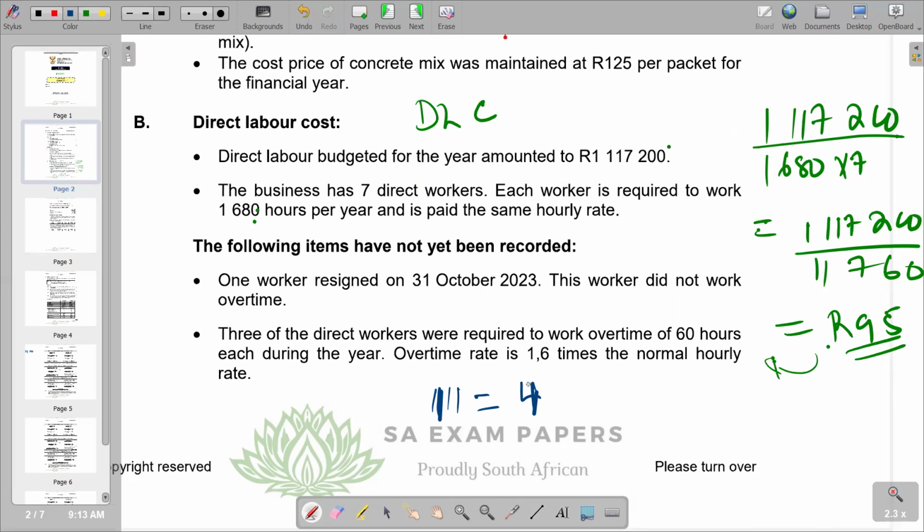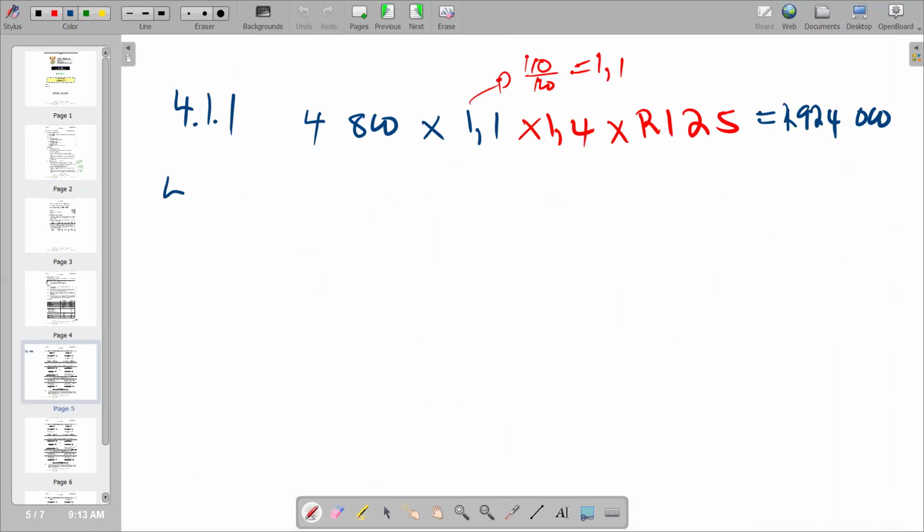So in our calculation, we have 4 months not worked, so we need to reduce those 4 months so we can come up with our calculation whereby we can present it in the form of a table.